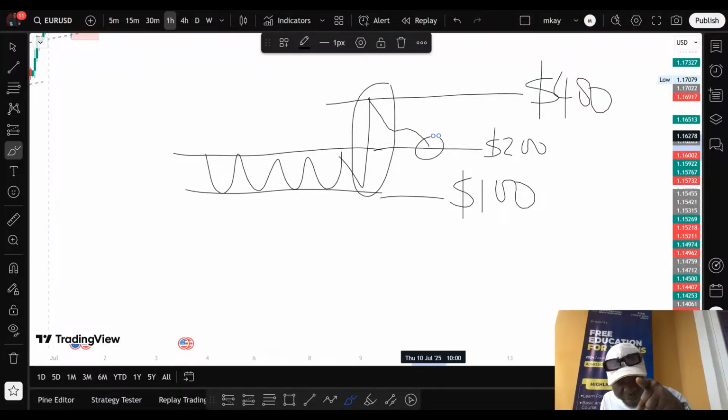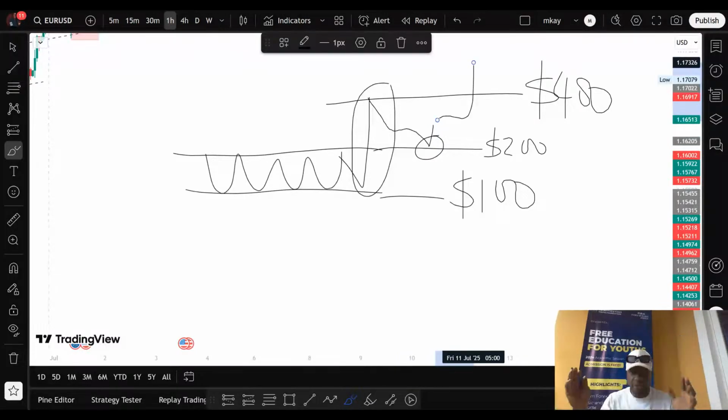You watching me right now. What do you do? You wait to see if buyers will really buy it. So at the point where you now see the strength of the buyers above a particular point, you say, okay, buyers want to buy this market. Then you join the market, and of course, you enjoy your trade.